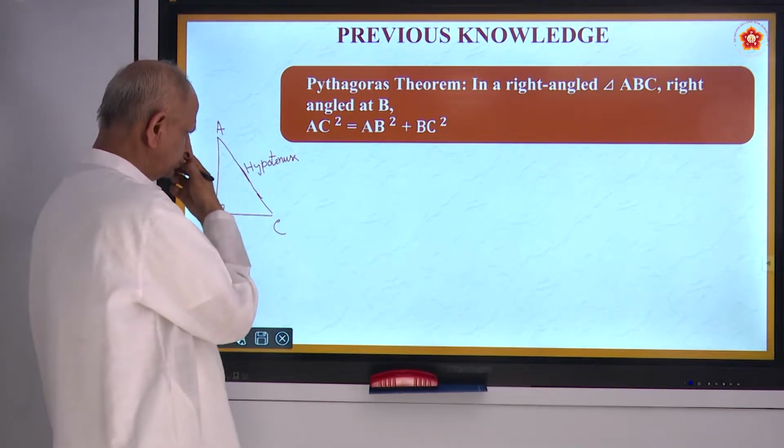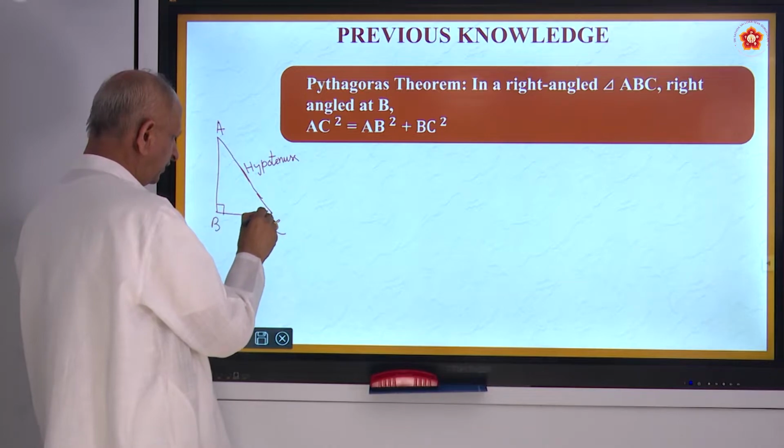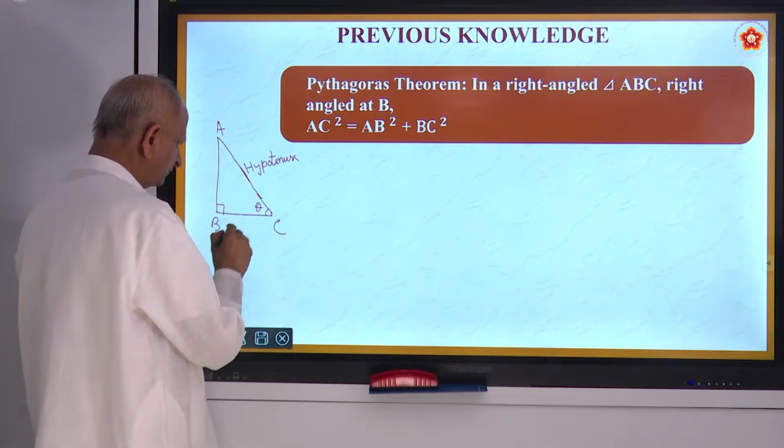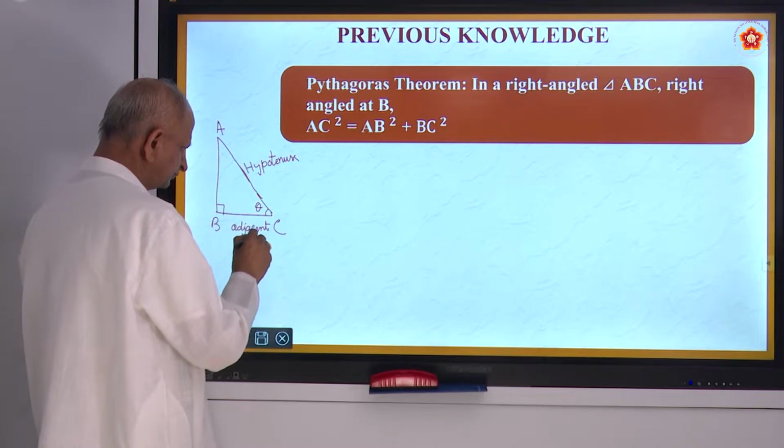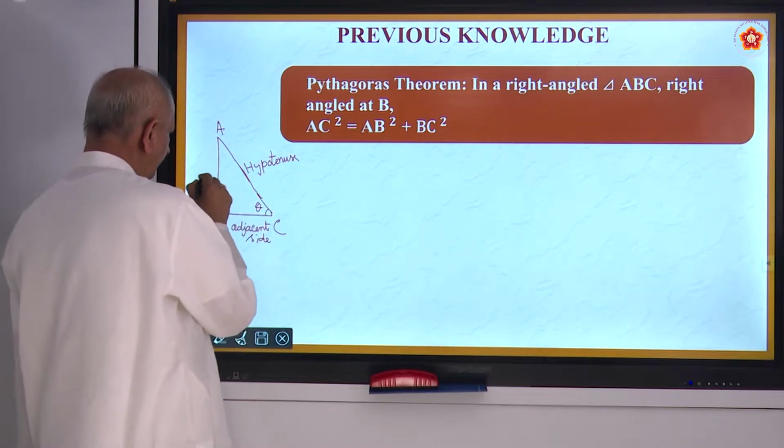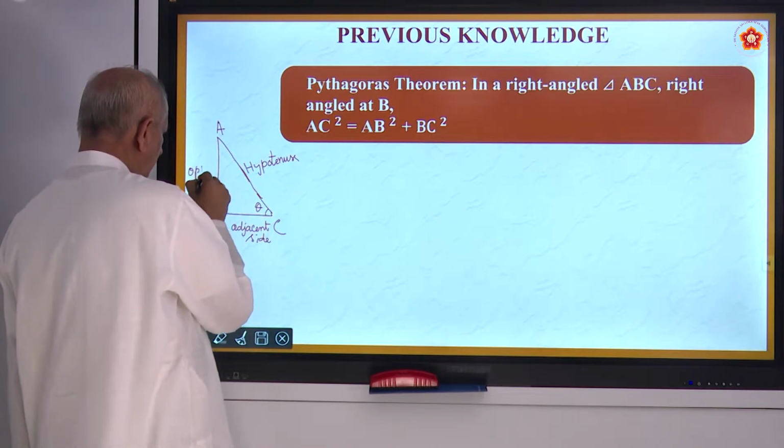And suppose the angle is theta here. This is called the adjacent side, and this is called the opposite side.